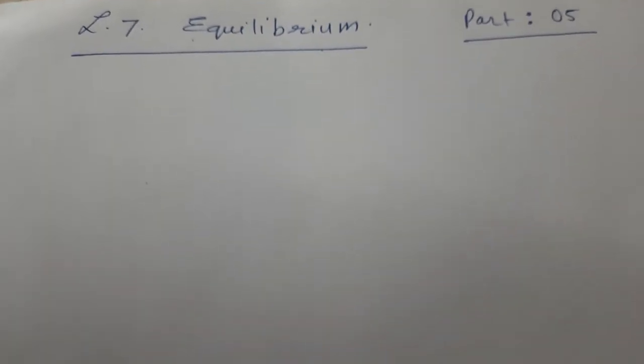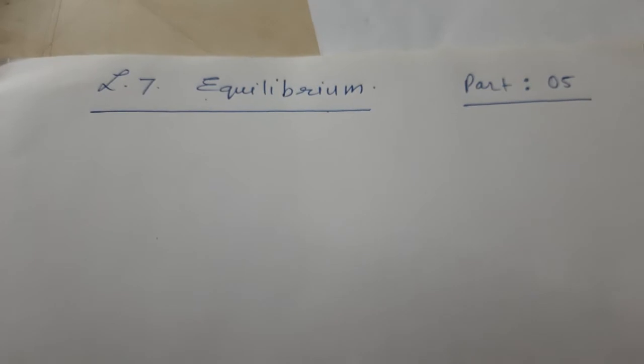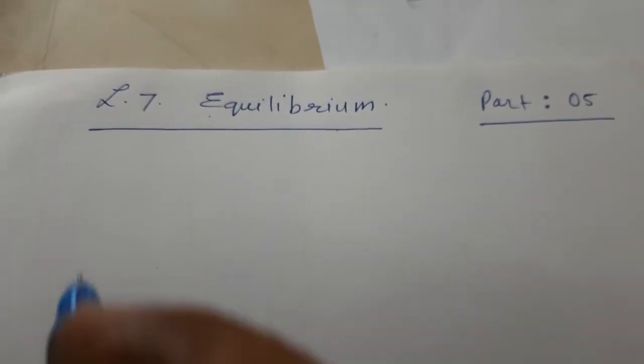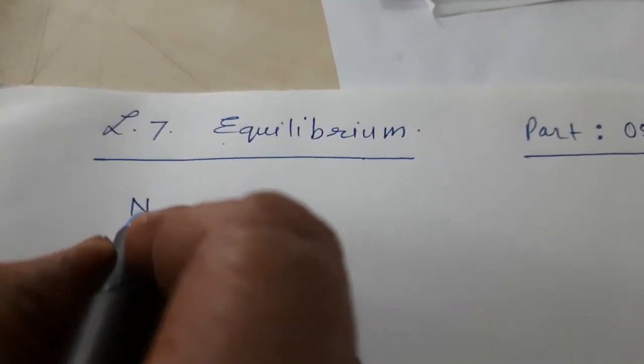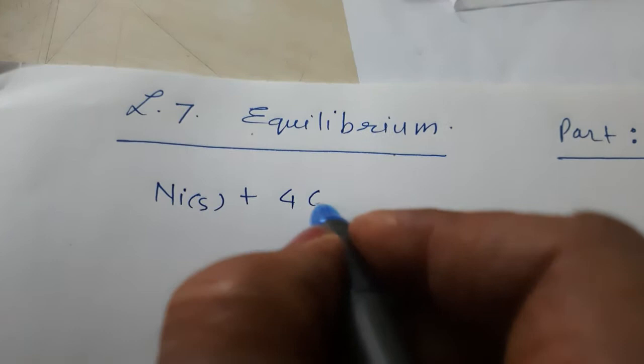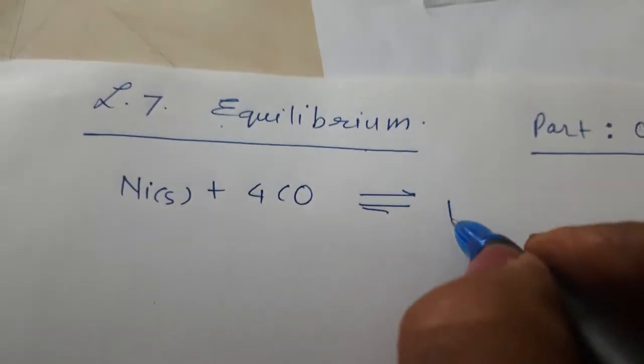Good morning, children. Yesterday we saw that in any chemical reaction at equilibrium, if a solid is there, then the concentration of the solid is constant. So it is not taken into consideration while calculating the Kc. Like if I tell you one reaction, nickel solid plus carbon monoxide will give us nickel tetracarbonyl.